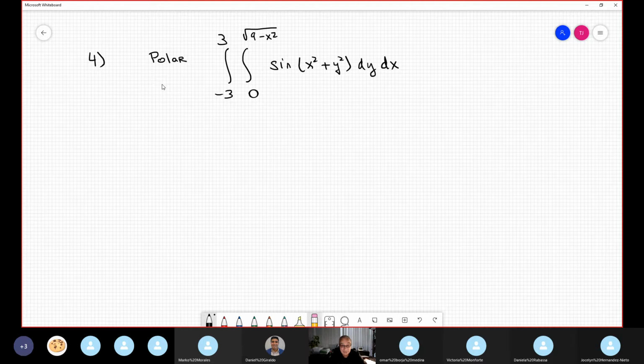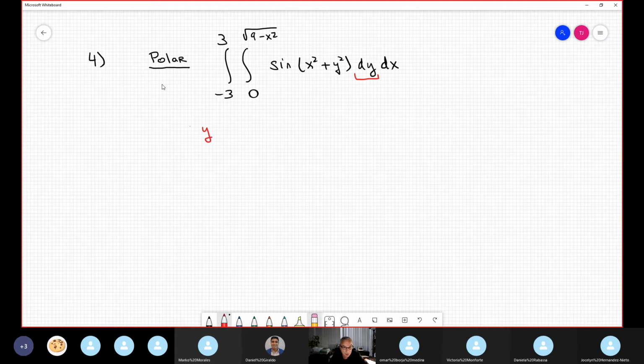I need to evaluate it, changing to polar. Wow, too heavy noise. Okay, what is the order of the integration? The order of the integration is dy first.